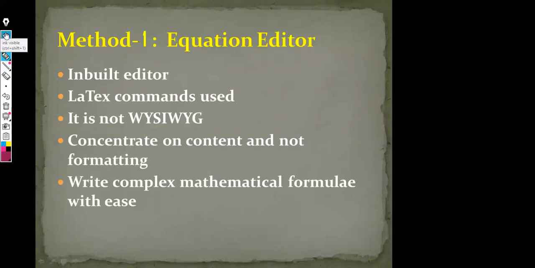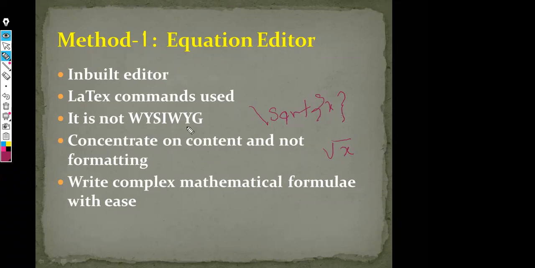To get the square root of x, I use a backslash first, and then sqrt. This is for the square root of x. So this will give you a square root of x. To write this, there is a command like backslash sqrt and then curly bracket x.